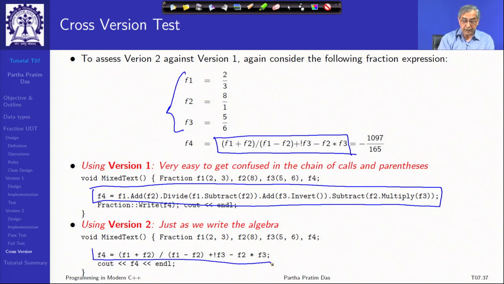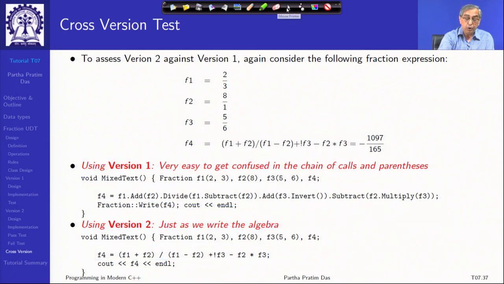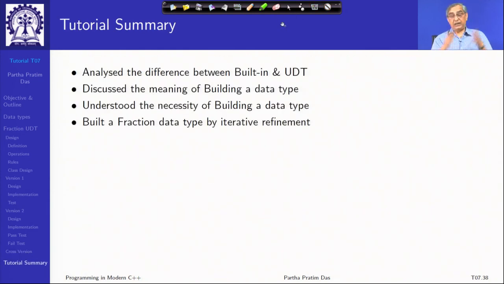In version 2 it reduces to exactly as you write the algebra. That is the key advantage of being able to overload operators with proper meaning, and that is how your version 2 will turn out to be a true UDT, because it is now allowing you to use fraction just like you use int, float, these kinds of types.